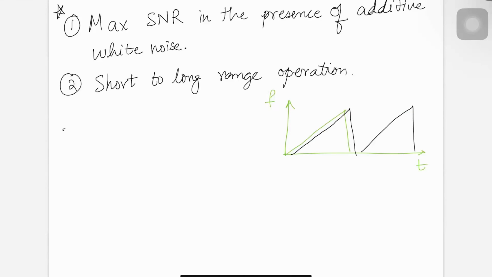Another more subtle advantage is that the TX to RX leakage can be very low, basically 0.